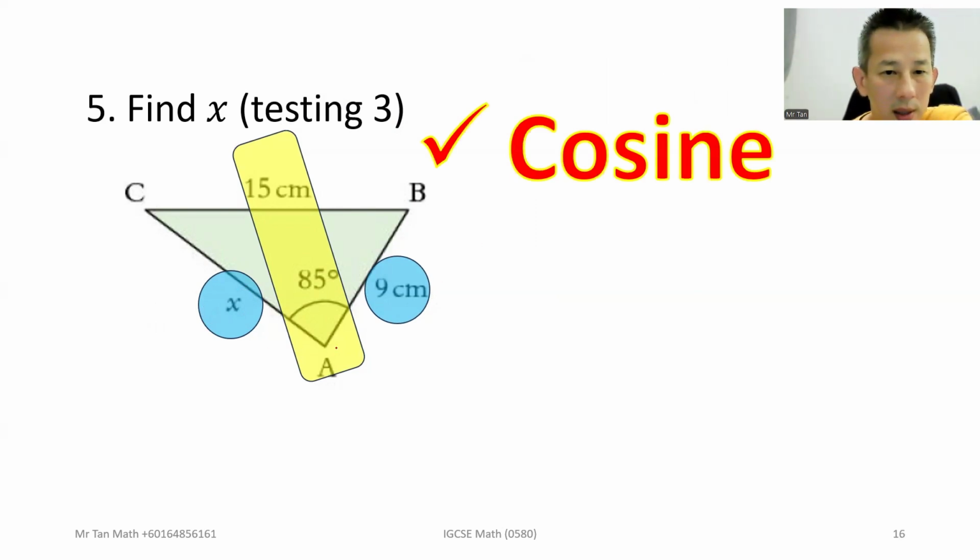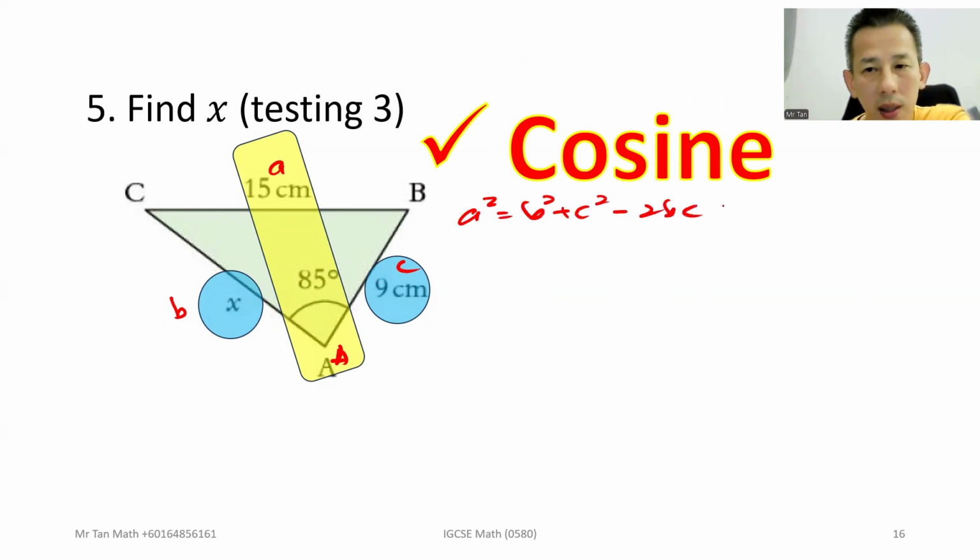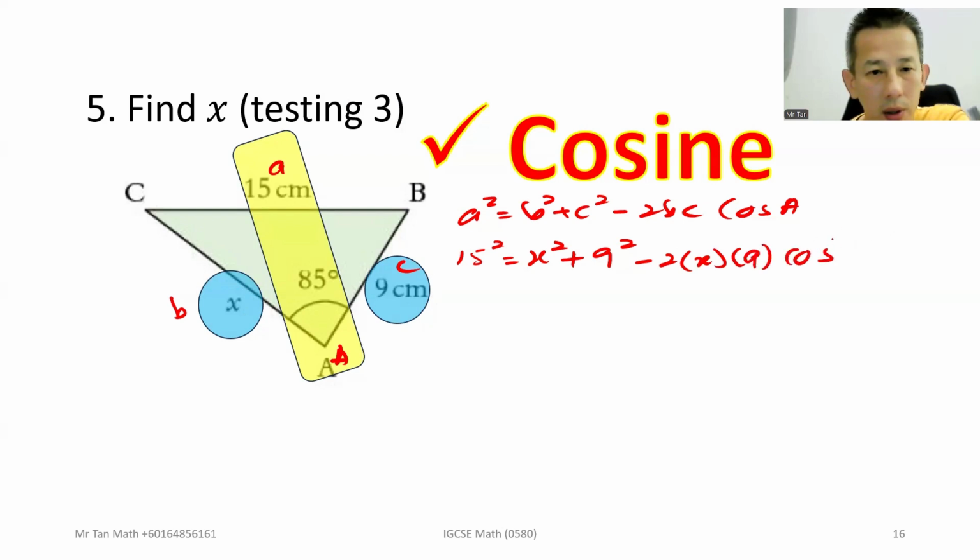So we label this A, this A, this B, this C. To find the length, we have A squared equal to B squared plus C squared minus 2BC cos A. Therefore, A is 15, so 15 squared equals X squared plus 9 squared minus 2 times X times 9 times cos 85.